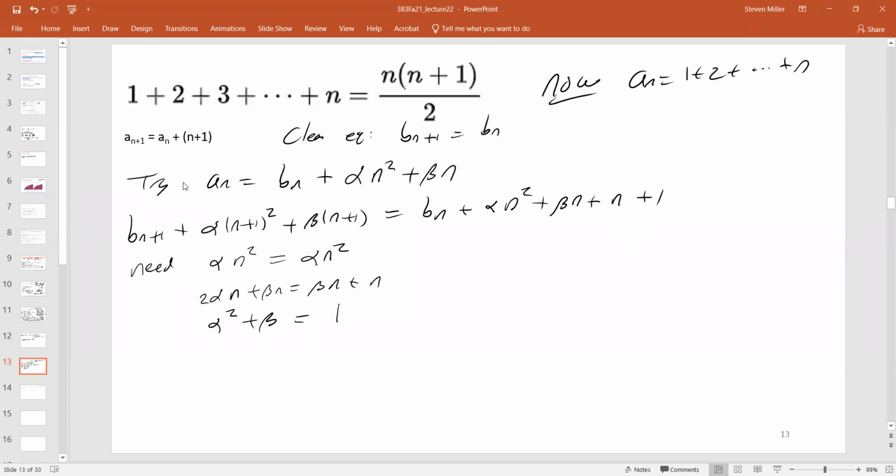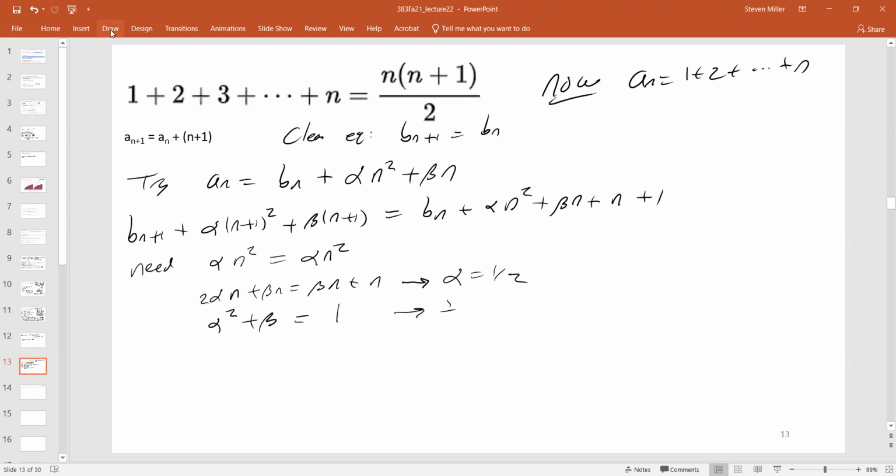From the first equation, alpha n squared equals alpha n squared. Do we get anything from this? No. For the next one, we get 2 alpha n plus beta n equals beta n plus n. Oh, that's good. What does that tell us? What do we deduce from this? Alpha is 1/2. And for the last one, now that we know alpha equals 1/2, oh, it's not alpha squared.